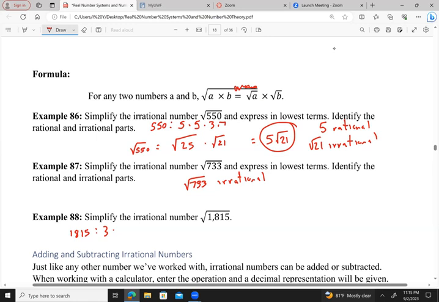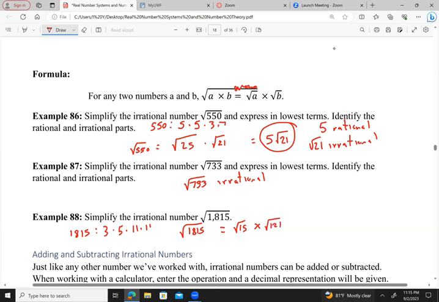Which gives me 121. 5 times 121, which is 11 times 11. So this is the square root of 1815 equals the square root of 15 times the square root of 121.